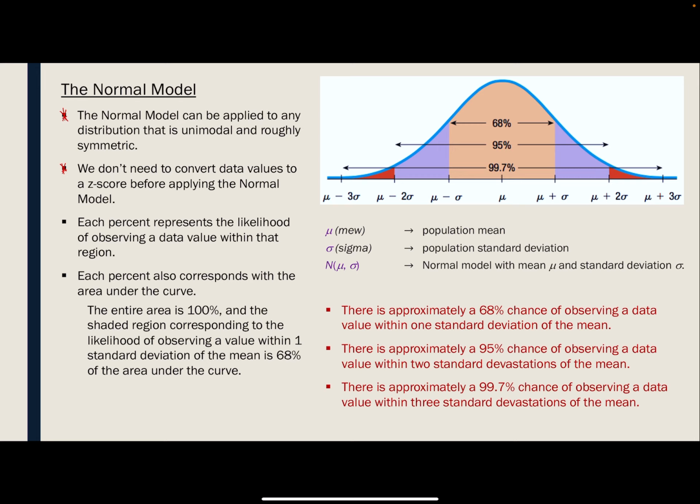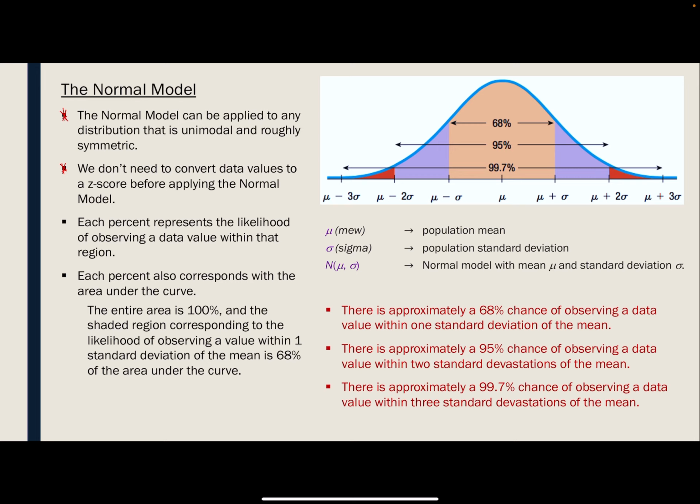I'm emphasizing that because your book, Help Me Solve This, even some tutors might tell you that you do. And I'm telling you right now that you don't. We use z-scores to compare data values from different distributions, but we do not need to convert things to z-scores in order to apply the normal model.